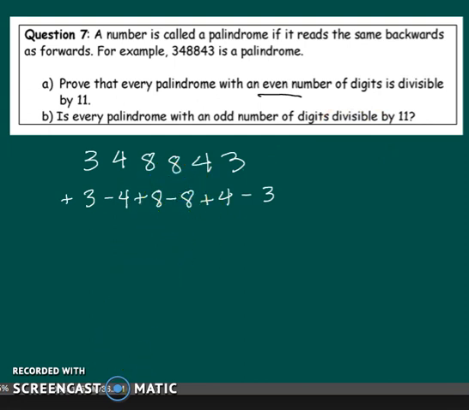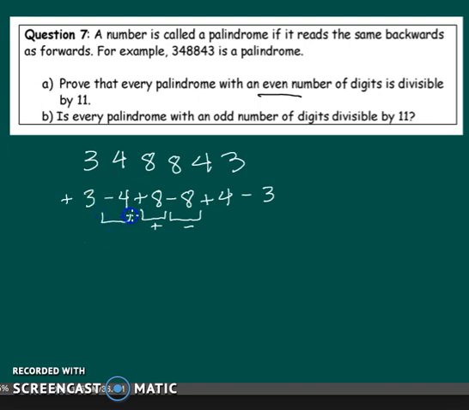Now notice that we have a palindrome with an even number of digits. There will be two identical numbers in the middle, and they will have different signs. So I have a positive 8 here and a negative 8. Then the two numbers surrounding them on either side will also be the same and have opposite signs.